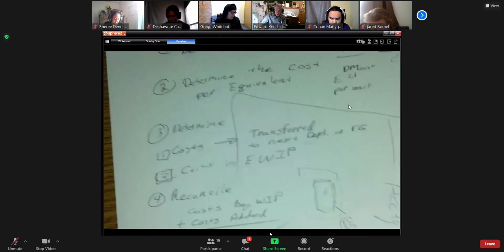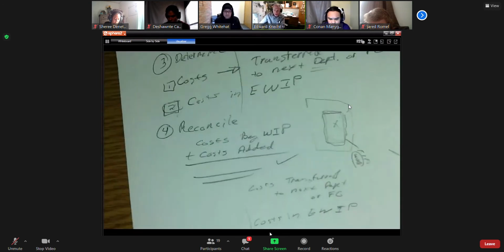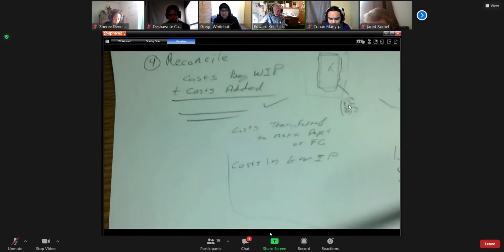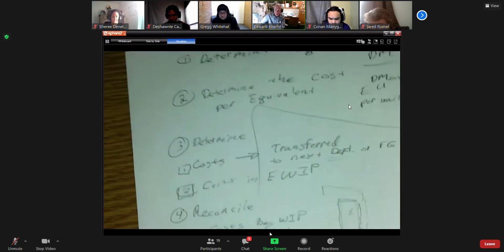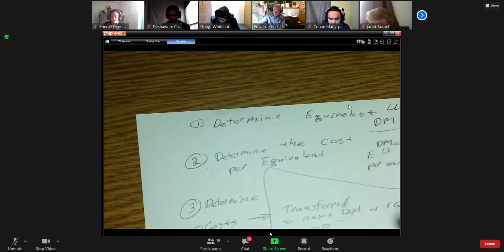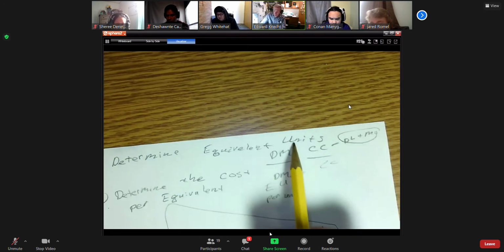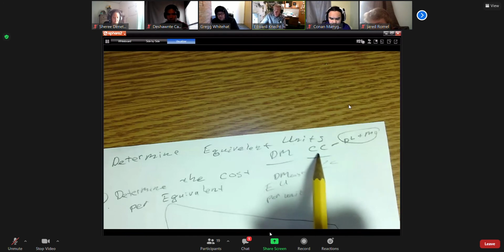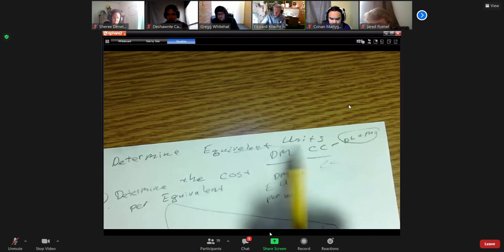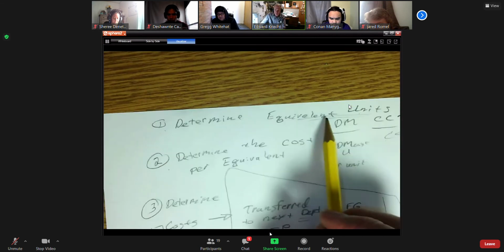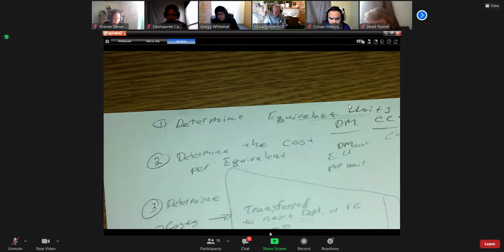Wow. So let's look at all this. It's a lot. I can't even get it on one sheet so you can see it. Let's review. Determine the equivalent units per direct material cost and conversion cost. We're just determining the number of equivalent units if they could have done 1 unit at a time, but they did it in batches.